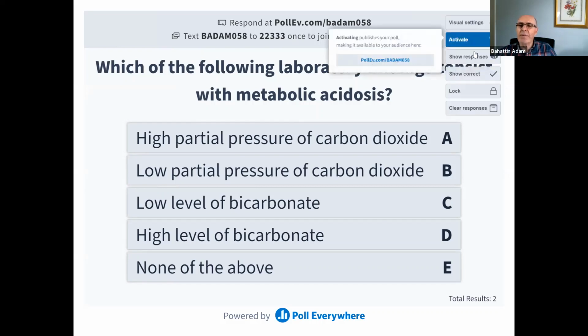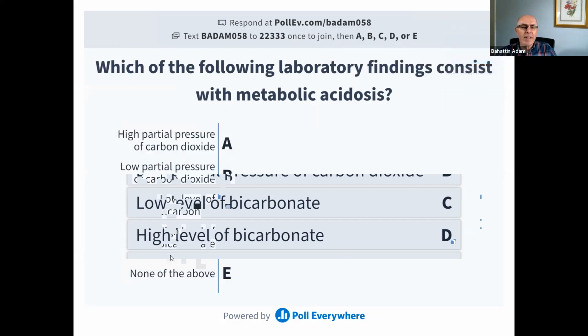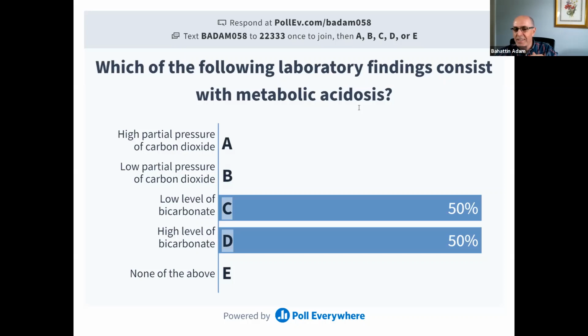If it is metabolic, bicarbonate is involved. If you have metabolic acidosis, that means bicarbonate is decreased.